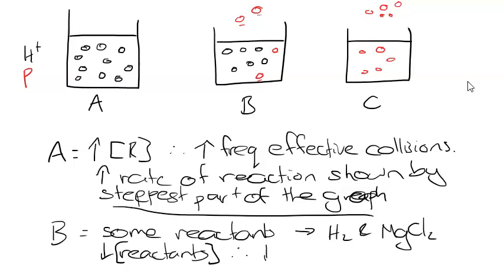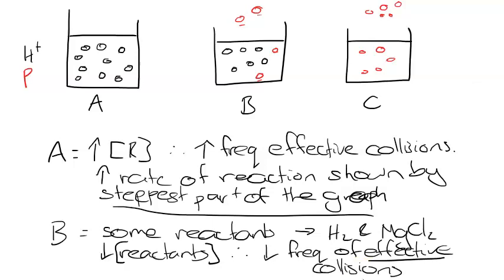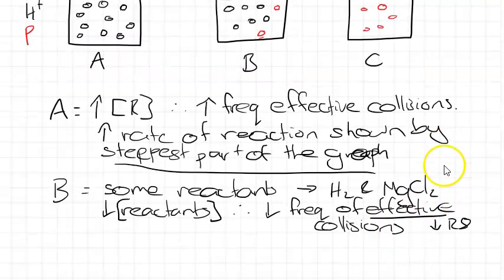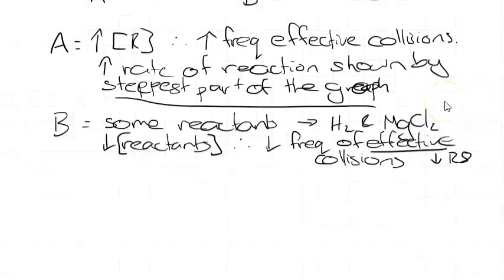So there is going to be a lower frequency of effective collisions. So always just relating back to effective collisions. And so there will be a lower rate of reaction. And this is shown by the graph in that it's less steep.